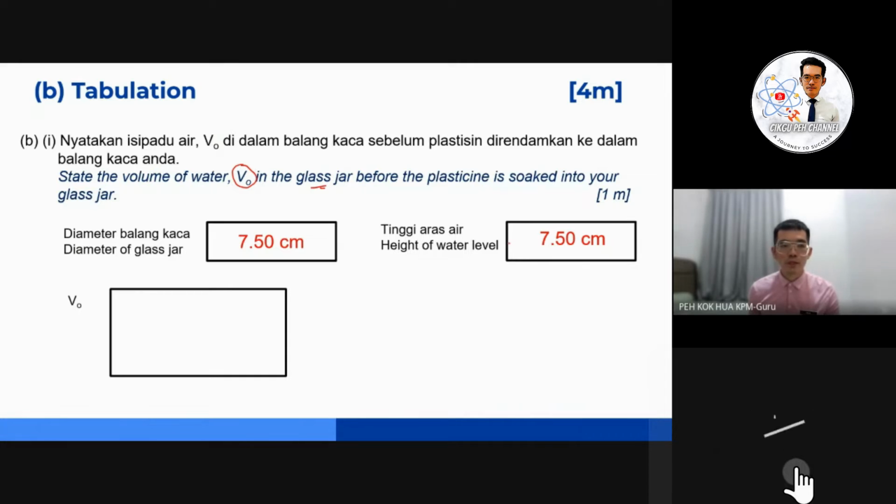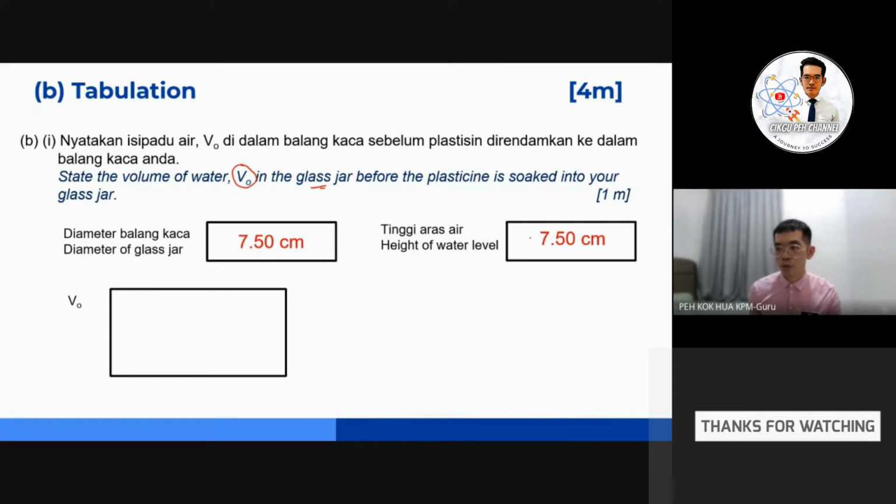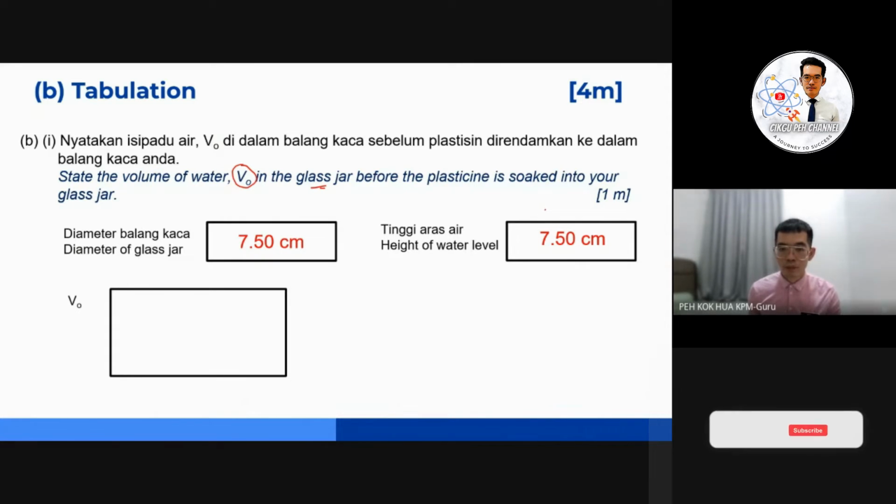Let's say you put less water, so definitely your height of the water level will be less, and your water level will be high if you put more water. But please make sure the volume you put into the glass jar must be able to immerse the 5 pieces of plasticine given, and the water also cannot be too much, because if you give too much water, the water might flow out with the maximum number of plasticine we put in.